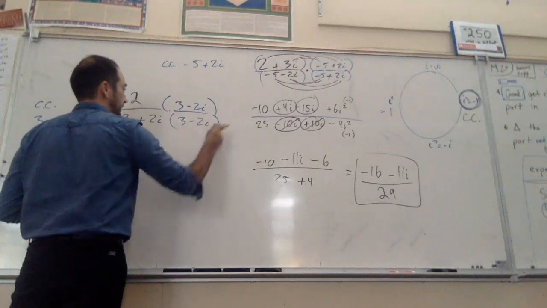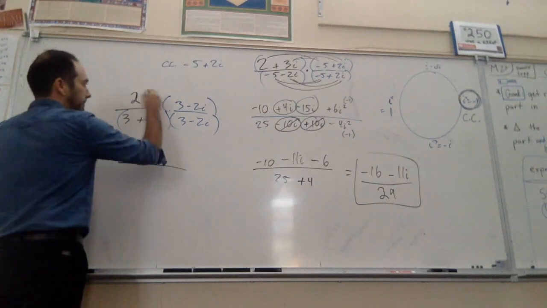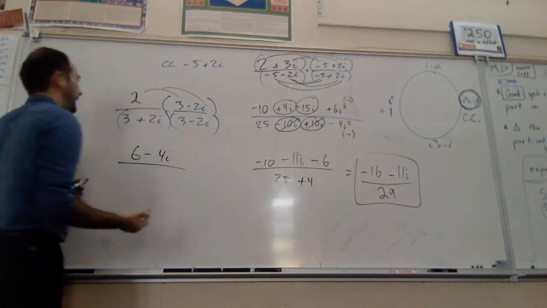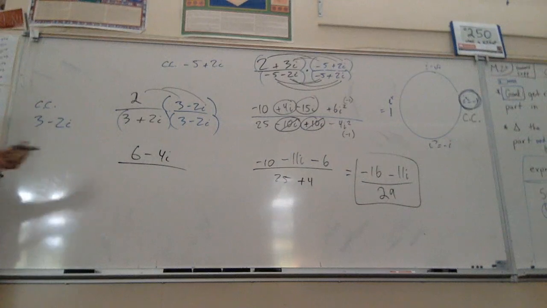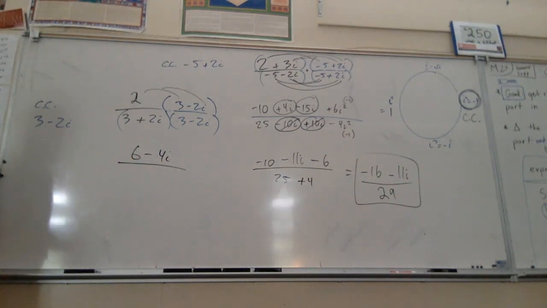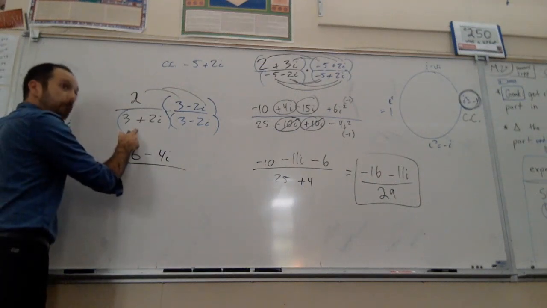So we are going to just have a distribution on the top and FOIL on the bottom. Distribute that top one. 6 minus 4i. I don't think that's going to change, they're both even. Okay, FOIL these two binomials.